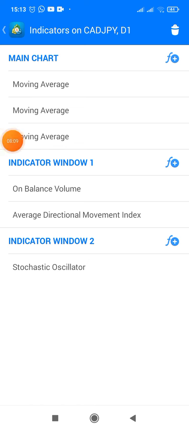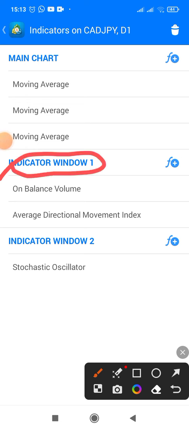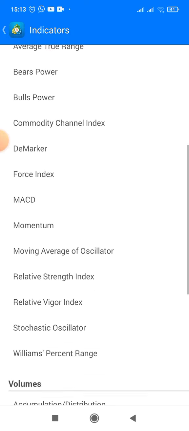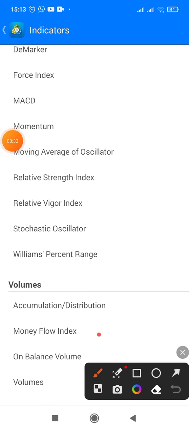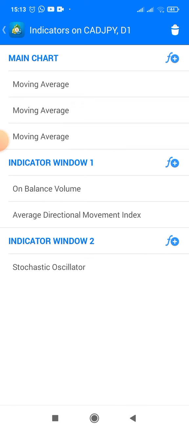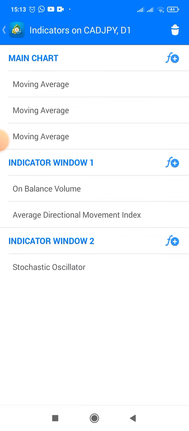Then we will go to the second window, I mean the window indicator. In the window indicator, we are going to go to On Balance Volume, which is under volumes. Apply to close, then we pick the color, then we are done.